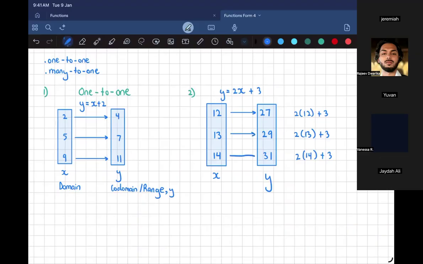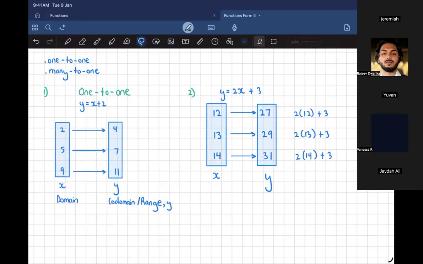Right. Now there's another way you could write a function. Instead of saying y is equal to 2x plus 3, you could use the notation f of x. So I'm going to show you all that as well. Instead of saying y is equal to x plus 2, sometimes they might write f of x is equal to x plus 2.